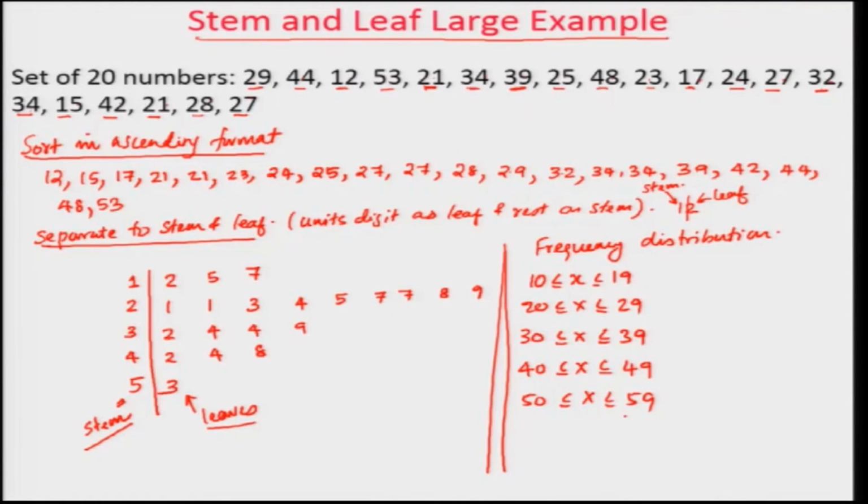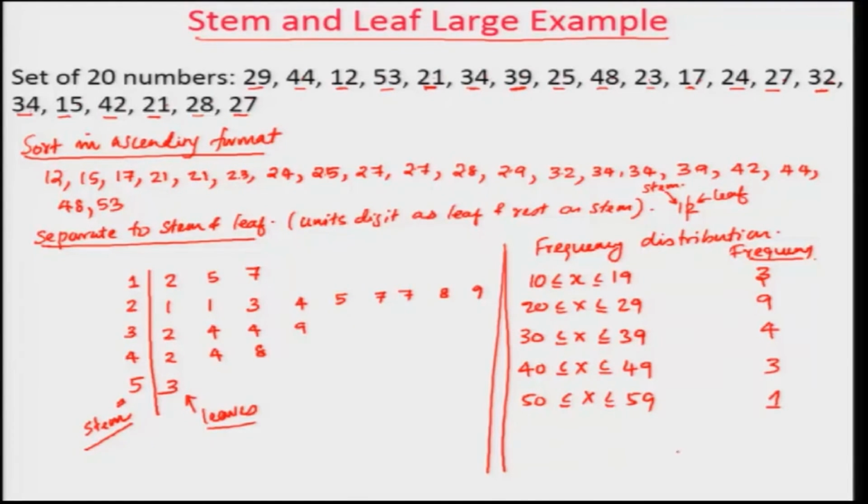Okay. And here in the frequency distribution, the frequency that we put here is the count. So, between 10 and 19 the count is 3. 20 to 29, the count is 9. Then the rest the counts are 4, 3 and 1.